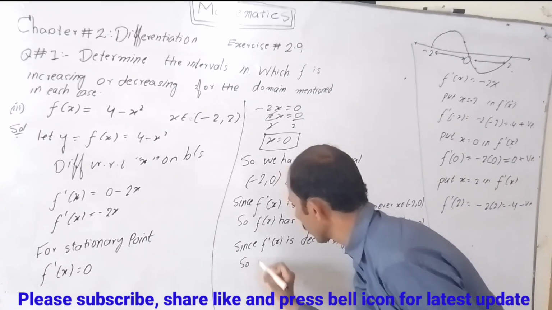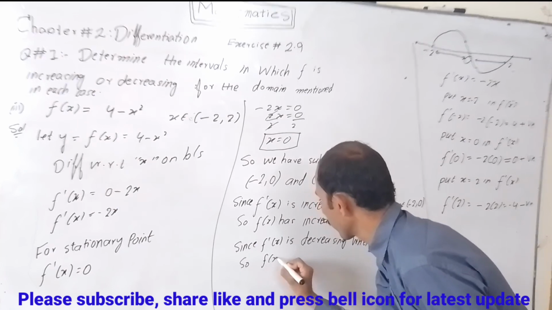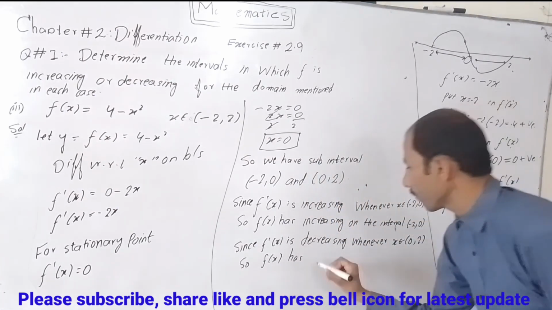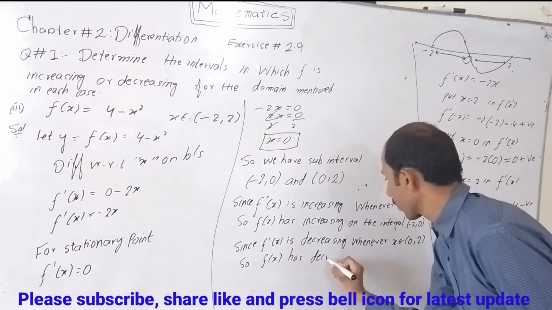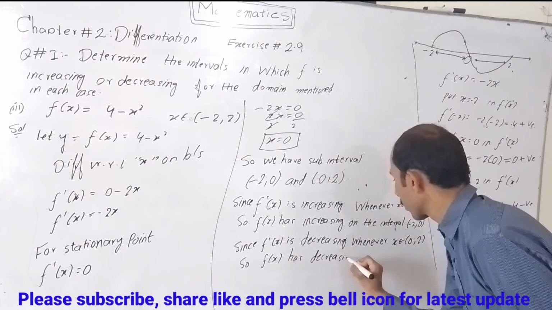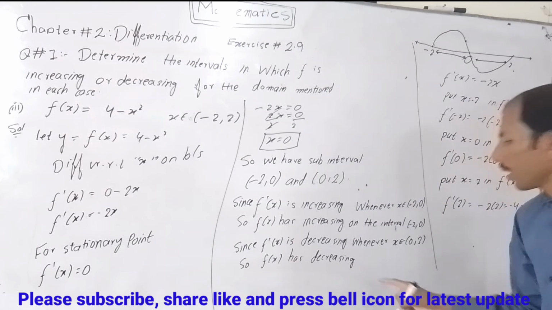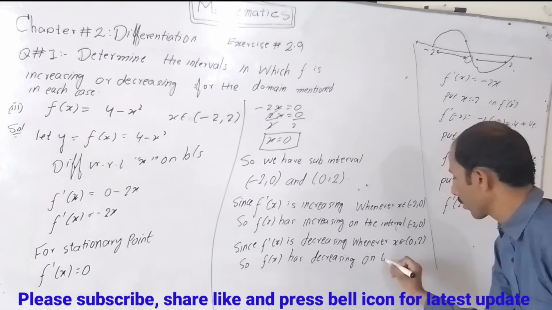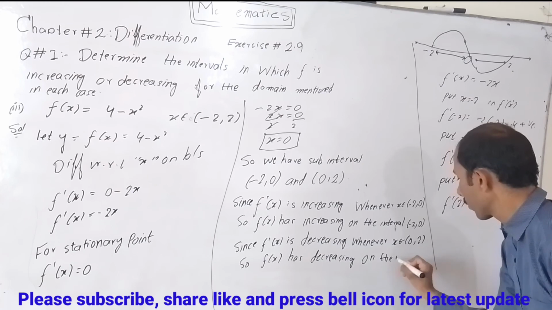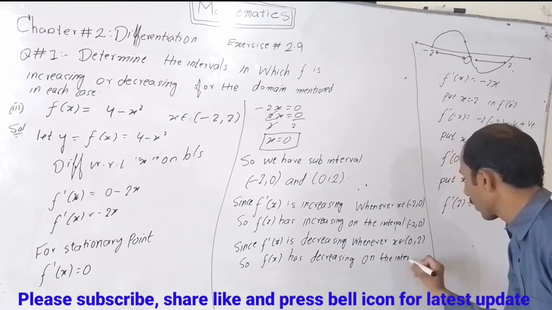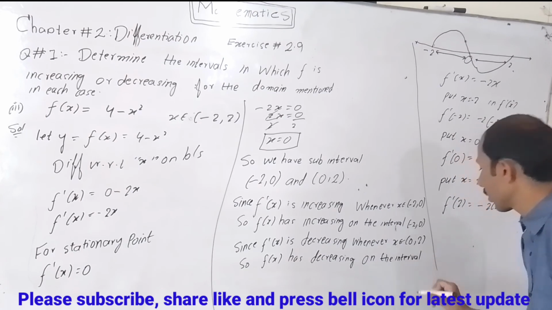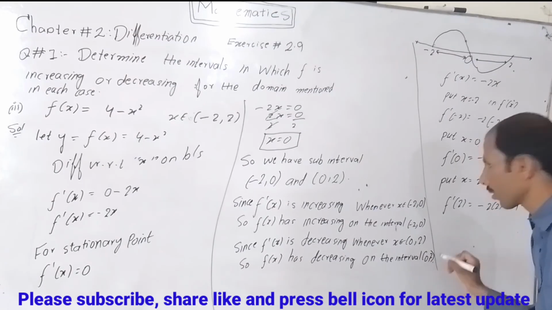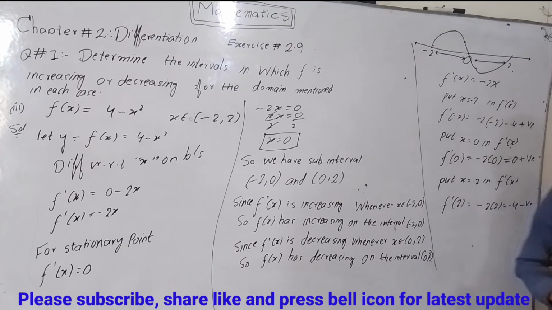So f of x is decreasing on the interval 0 to 2, which is the required solution.